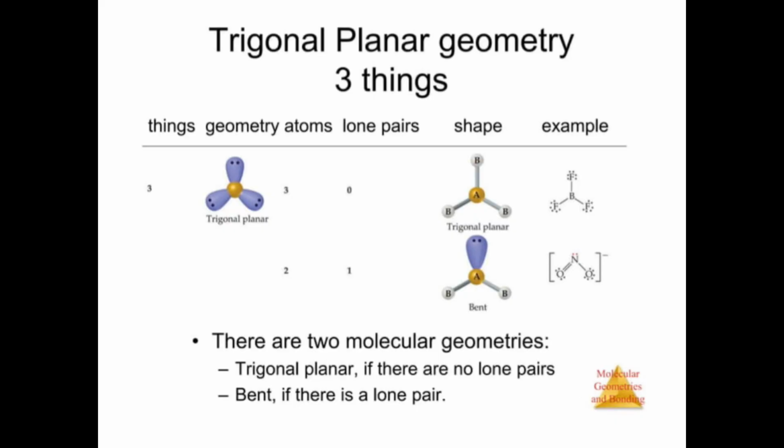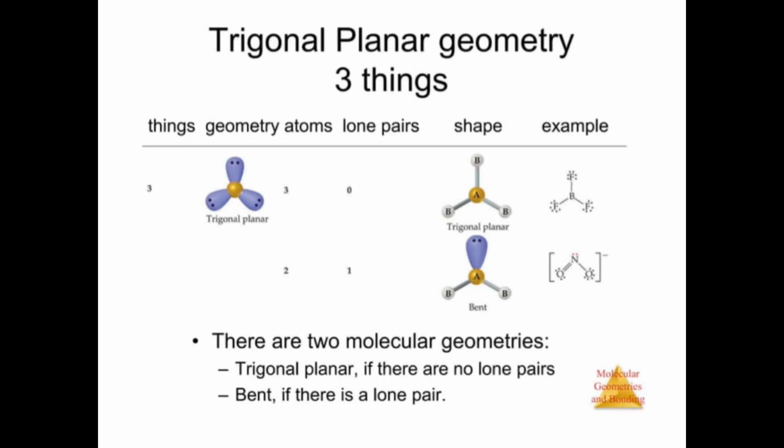On NO2, for instance, you have a lone pair of electrons on nitrogen. So therefore, it's going to have a bent shape. So there are 2 molecular geometries or shapes when they have three things.